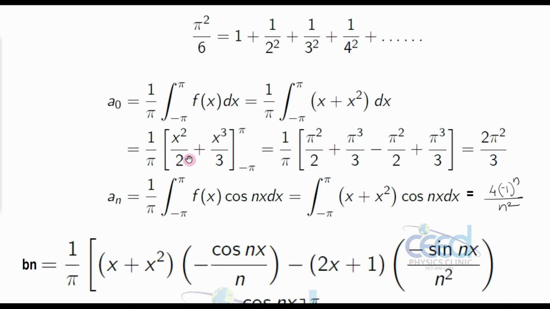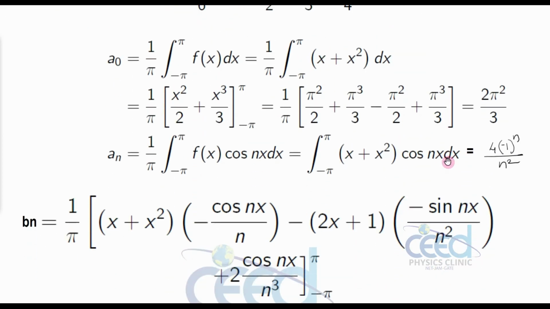Integrating x gives x square by 2, and integrating x square gives x cube by 3. So 1 by pi into minus pi to pi: upper limit, pi square by 2 plus pi cube by 3, minus lower limit, that is minus pi square by 2 minus of minus pi cube by 3, that is plus pi cube by 3. Then you will get 2 pi square by 3.